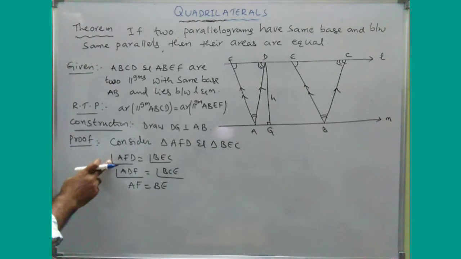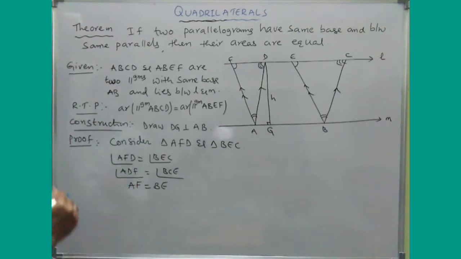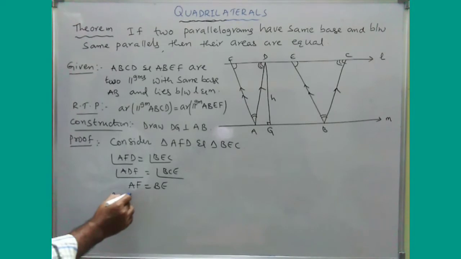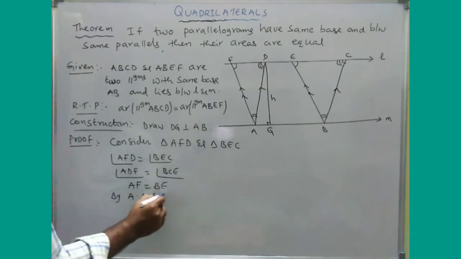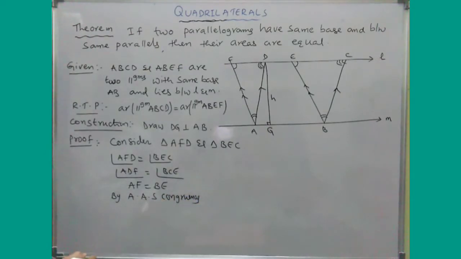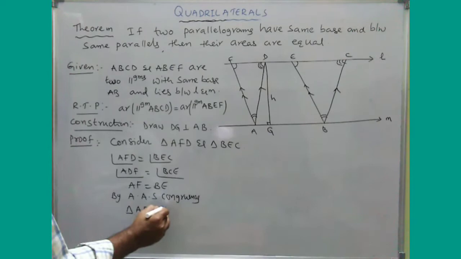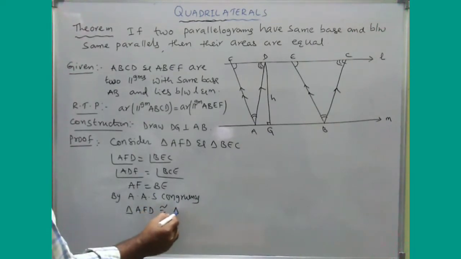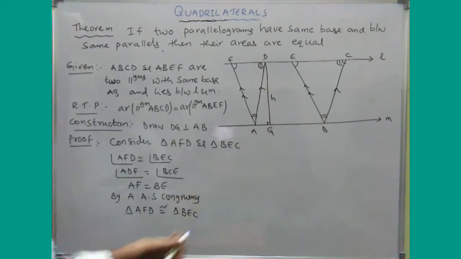So angles and a side, so by AAS congruency, I can say that triangle AFD is congruent to triangle BEC.